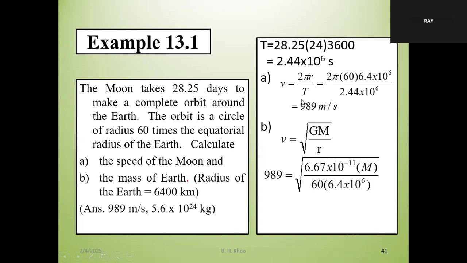That's the speed that we have derived, we have calculated. That's the radius of the Earth, 60 times 60. That's your 60 times. And then G is 6.67 times 10 to the power of minus 11. That's the mass of the Earth that we want. About 6 times 10 to the power 24 kilograms.